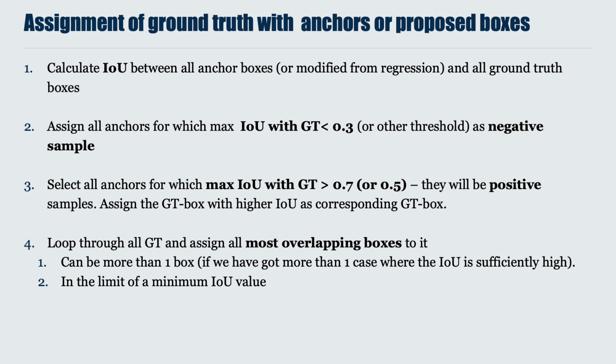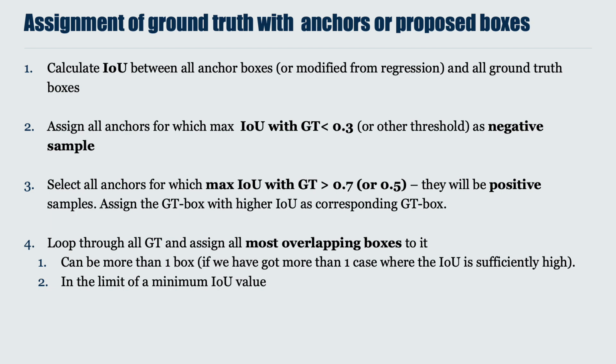Then you need to make sure that actually all the GT have been assigned. So you loop through all the ground truth and assign all the most overlapping boxes to it. So you may have more than one box, and you always do it in the limit of a minimum IOU value, obviously.